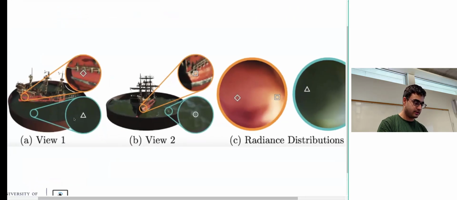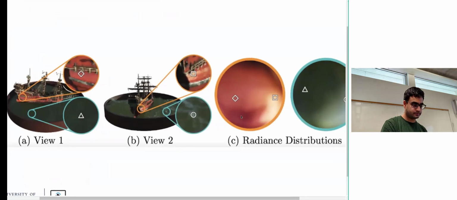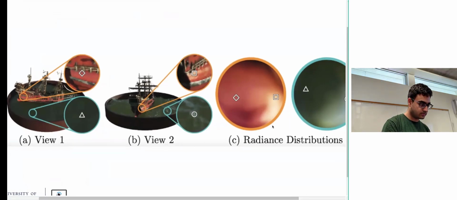As you can see here, this is one for one particular view in which this is the water and this is the ship side, and this is for another particular view. And this third image denotes the radial distribution of the various color levels across the scene. So this denotes how the value of RGB and the volume density depends on the particular view.